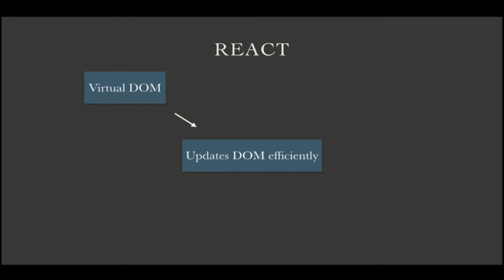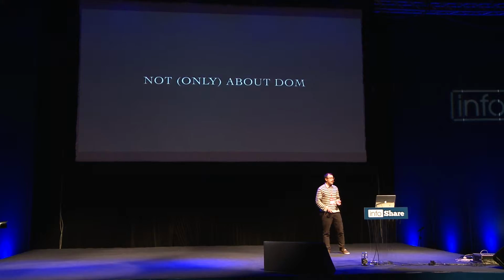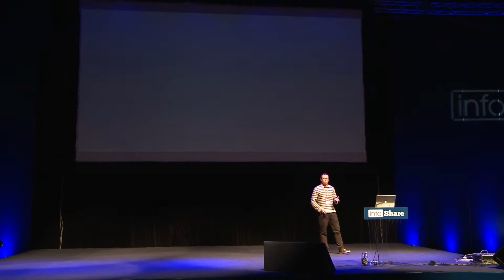Whenever we change our components, it has a diff algorithm to see what changes you need to make, and it makes those transitions in batches. So you can say that updates are more efficient, and that boosts performance. And of course, it's really fast. But I think that's not about performance, and not about the DOM only, because there's something more.